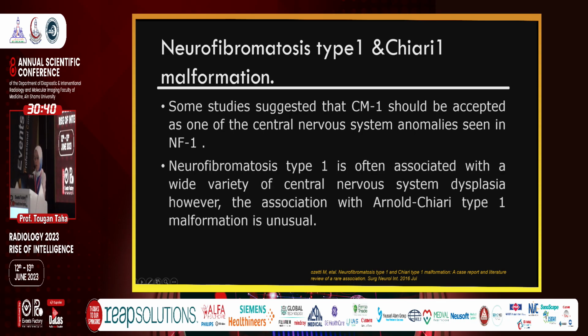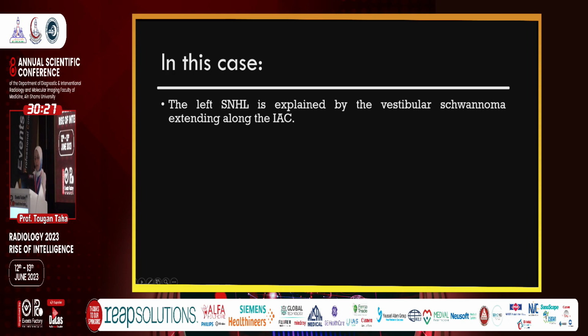Neurofibromatosis type 1 is often associated with a wide variety of central nervous system dysplasia. However, the association with Arnold-Chiari type 1 malformation is unusual. In this case, the left sensory neural hearing loss is explained by the vestibular schwannoma extending along the internal auditory canal.